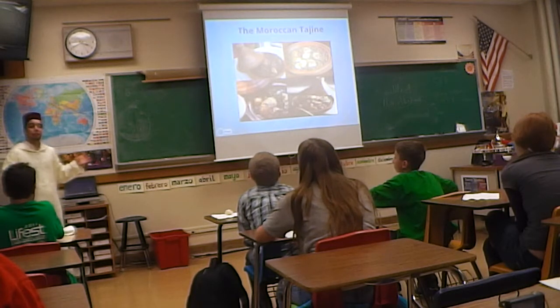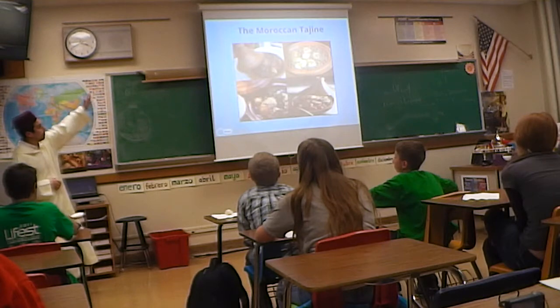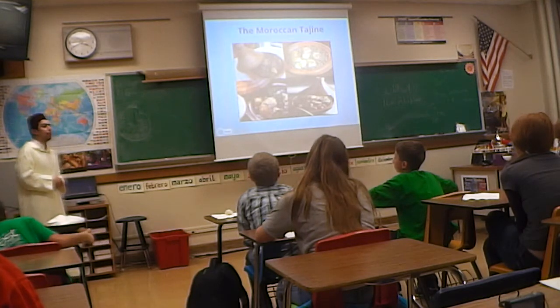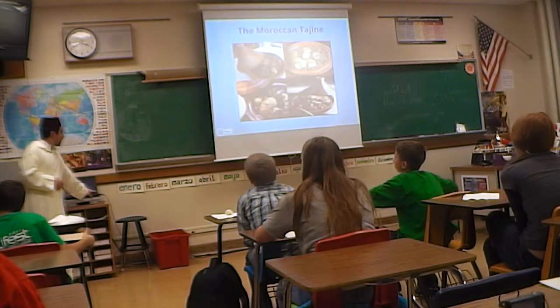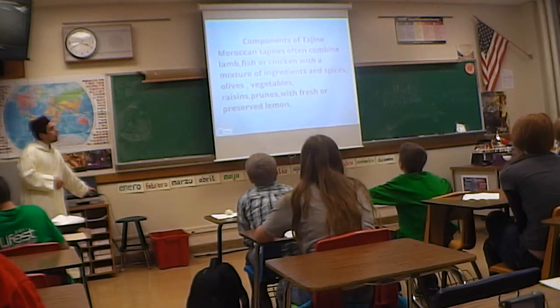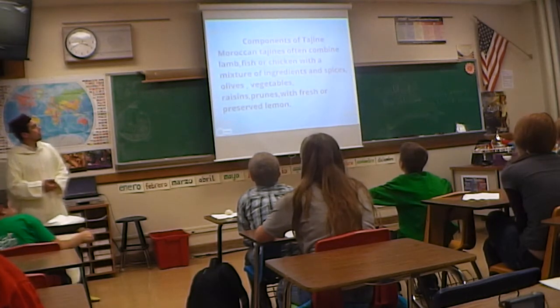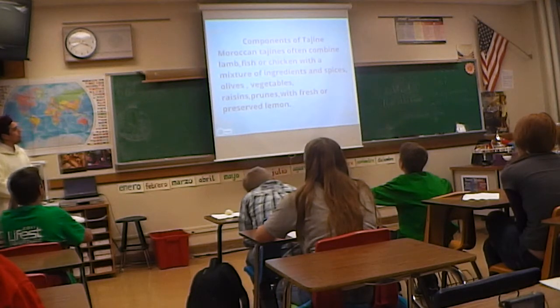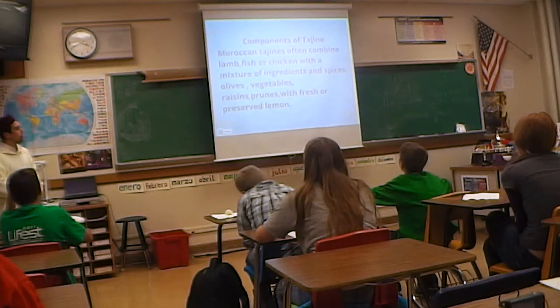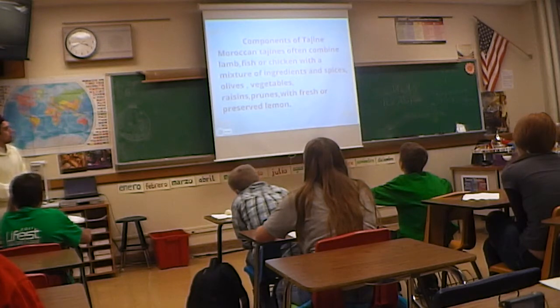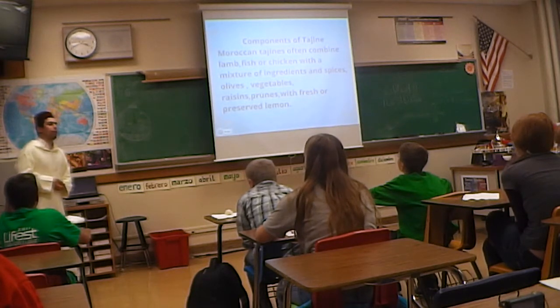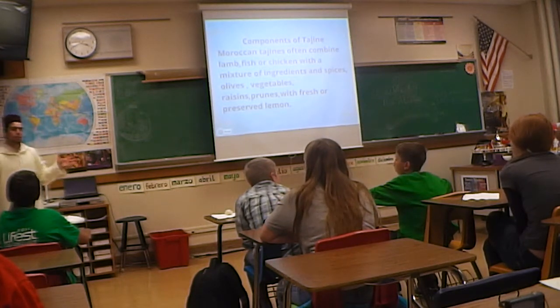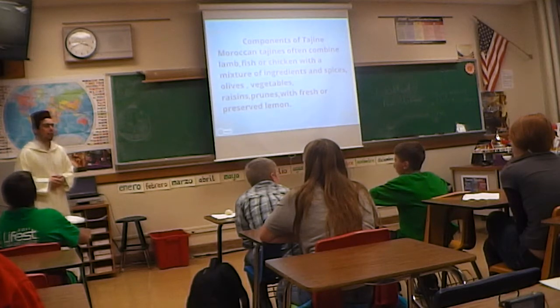It can be prepared in different ways. So the Moroccan tagine combines lamb, fish, or chicken with a mixture of ingredients, spices, olives, vegetables, raisins, prunes, with fresh or preserved lemon. So these are the most popular ingredients in that dish.